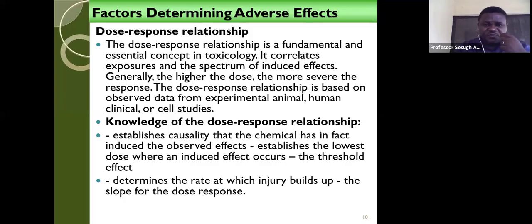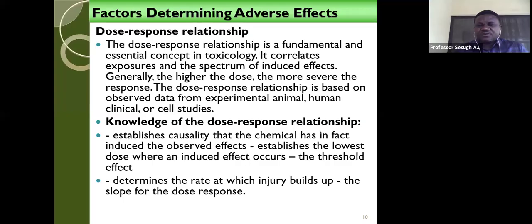So the dose-response relationship is a fundamental and essential concept in the study of toxins. What this does actually is it correlates exposures and the spectrum of induced effects. Now we're told that generally, like I said before, the higher the dose, the more severe the response, but that is generally.